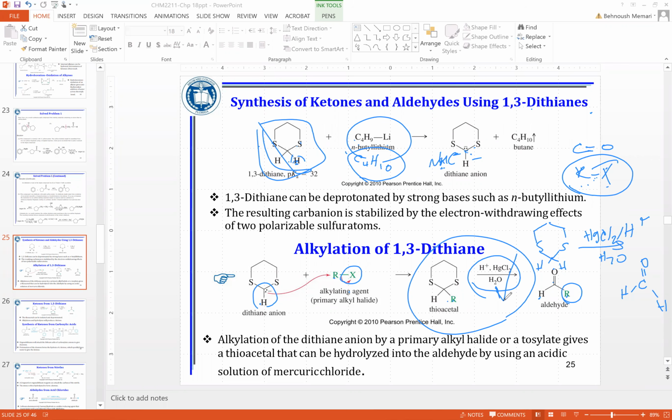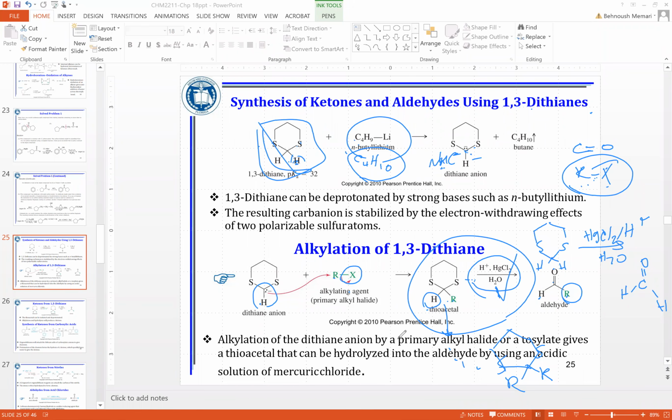Before hydrolysis, if you want to get a ketone, first you have to take this through other steps that you had and get to an R group here. So basically you remove the hydrogen again by bringing another molecule of butyl lithium.